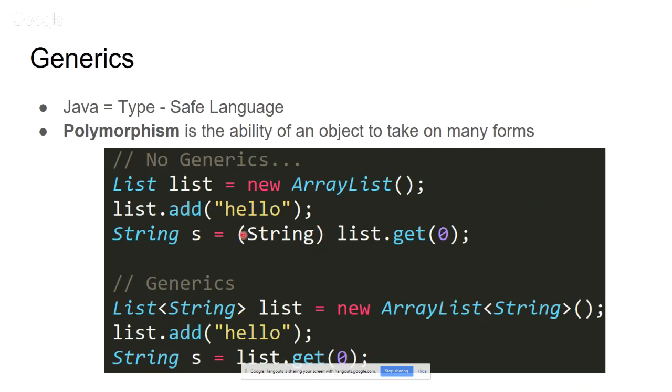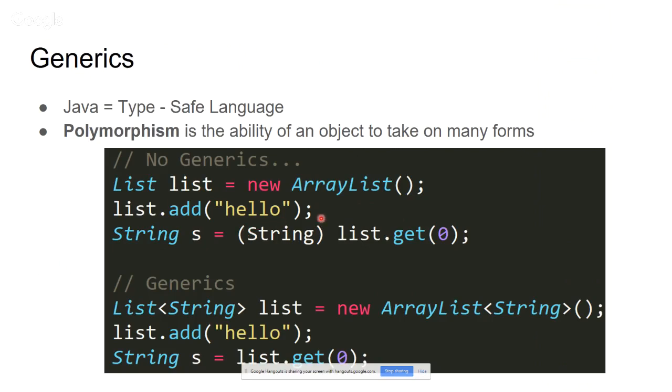but we need to place this thing right here, which is a cast. Basically it's saying, as we don't know the type of this list, we don't know what type of element it will return if we get index 0. So we are casting that value, hoping it's a string.